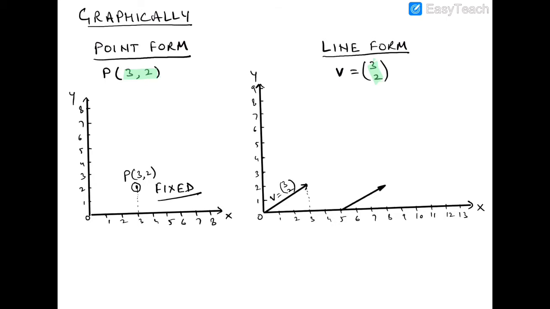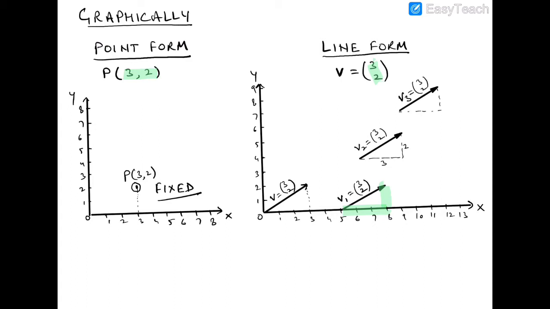But this is not the only position of this vector. Like this vector v1 also represents the same vector (3, 2). Similarly, the v2 vector also represents (3, 2), so 3 to the right and 2 up.